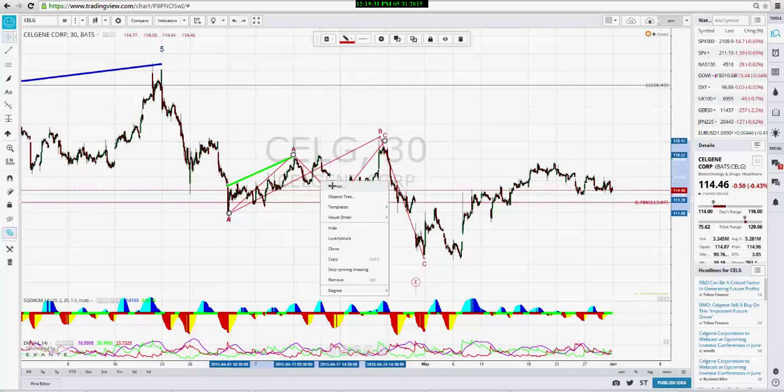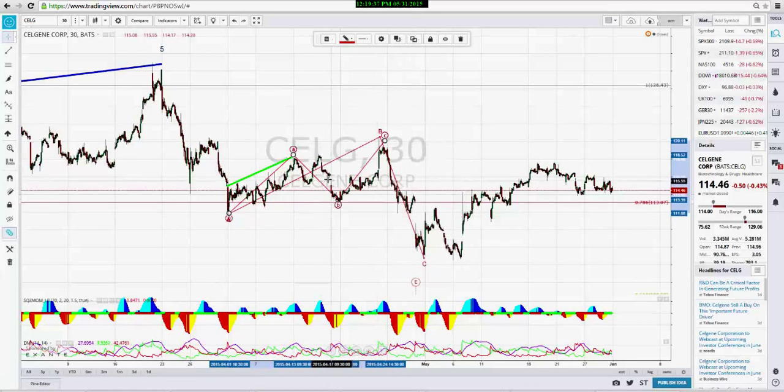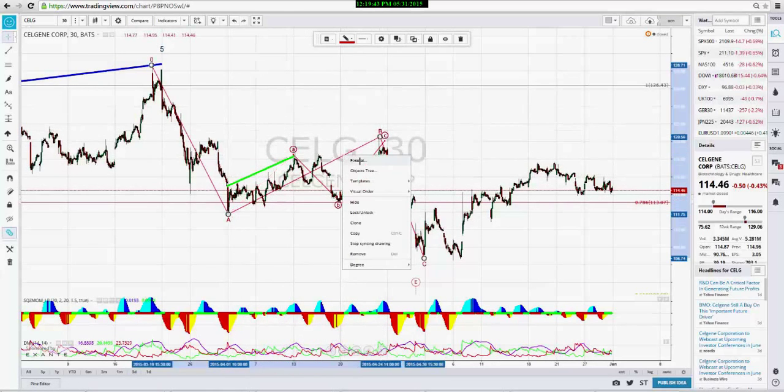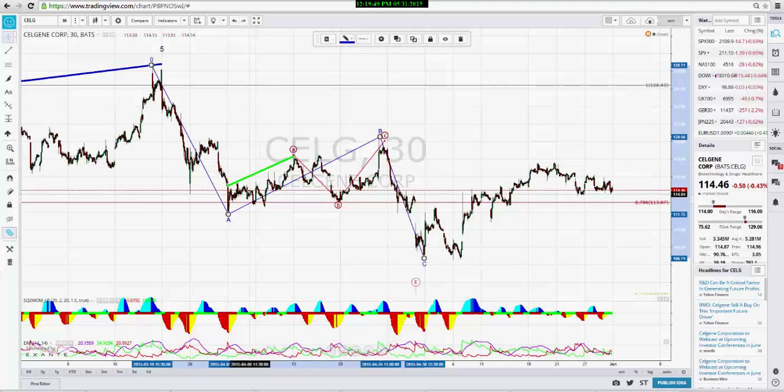Okay, now why don't we change this? Put a minute here. Okay, so see that? And let me change the color so I don't confuse anybody here. So A, B, C, and the B wave breaks down into three waves.